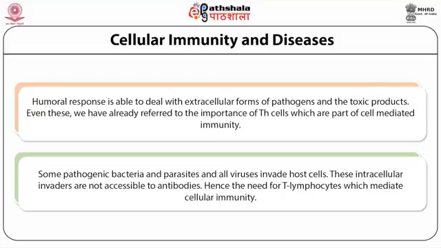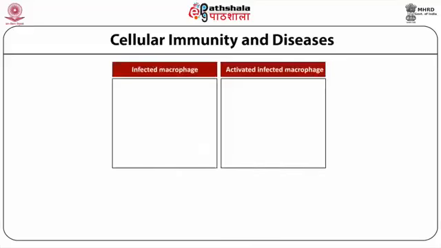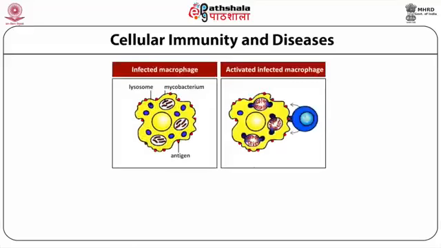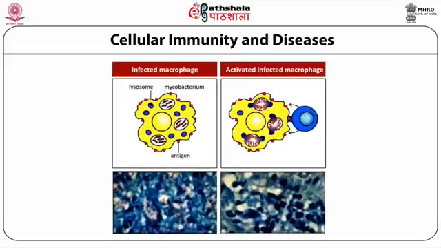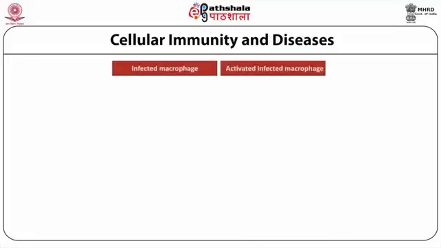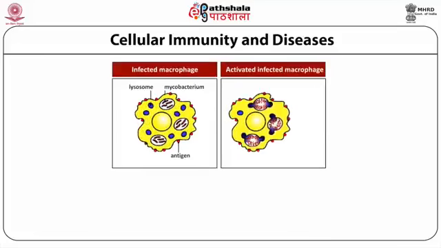These intracellular invaders are not accessible to antibodies, hence the need for T lymphocytes which mediate cellular immunity. One kind of T cells called CD4 T cells defend against bacterial infections which are intracellular in nature.